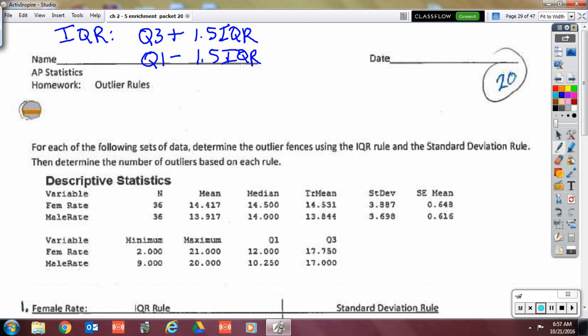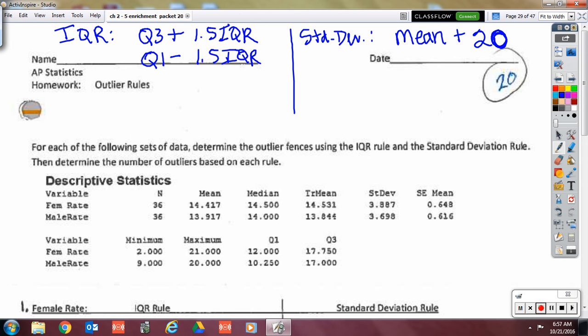Okay, so that's that rule for those. Now, if we end up having a distribution that's somewhat symmetric, we're going to use the standard deviation and mean, because of the symmetry. Then our rules for the outliers are: the upper fence will be the mean plus 2 standard deviations.